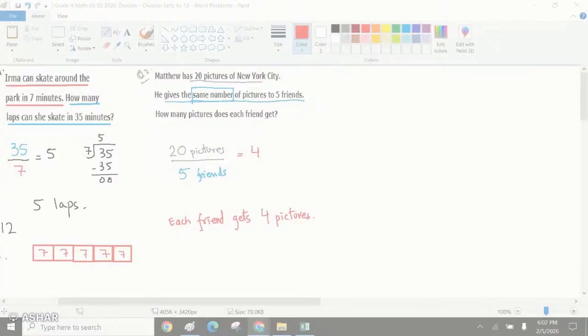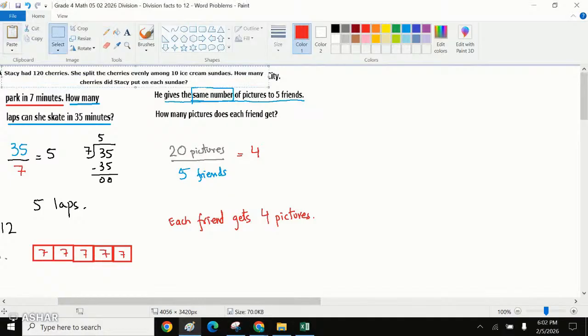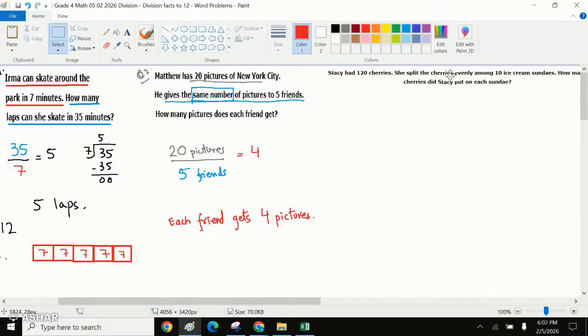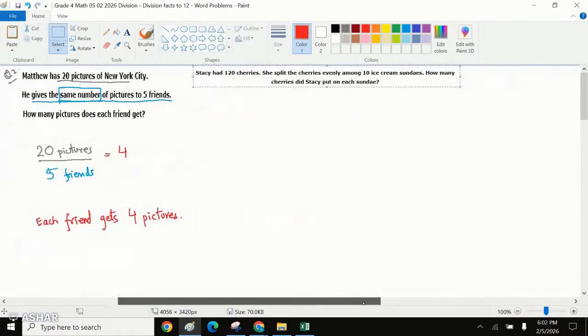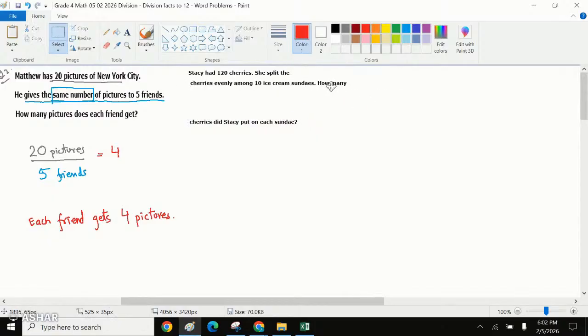Stacy had 120 cherries, right? She is adding these cherries evenly into sundaes. Okay, let me realign. She splits the cherries evenly.